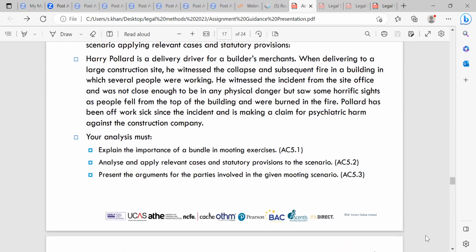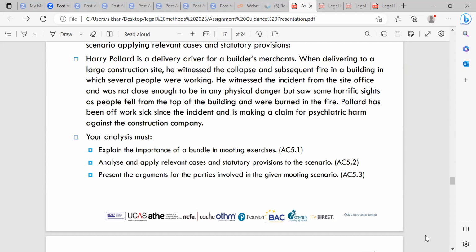You must explain the importance of a bundle in mooting exercises, AC 5.1. You must analyse and apply relevant cases and statutory provisions to your scenario, which is Harry's scenario. So you need to explain the importance of a bundle, and analyse and apply relevant cases and statutory provisions to the scenario.